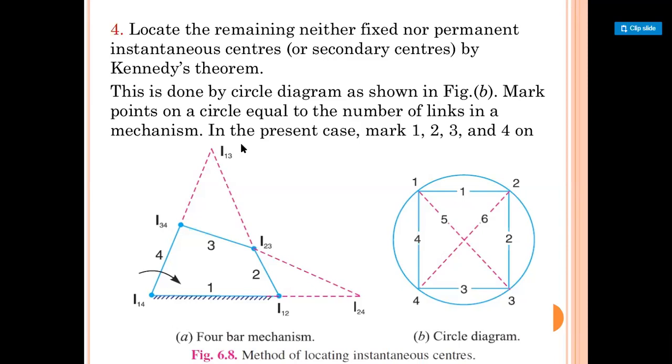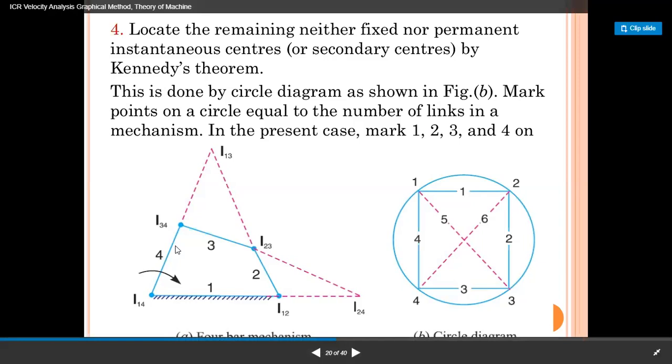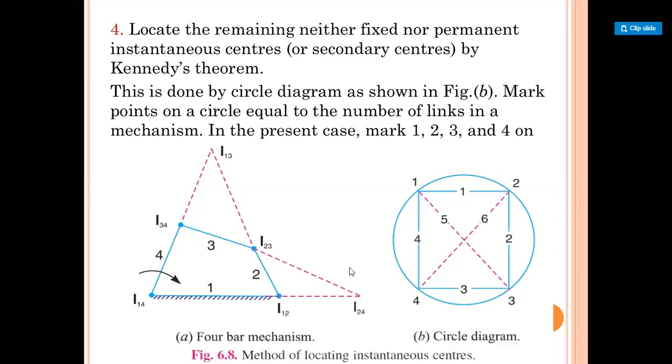Where links 3 and 4 are connected, I34 is taken. Links 2 and 3 are connected by a pin joint, so I23 is taken. I12 and I14 are also taken. But I13 and I24, how can you determine them?